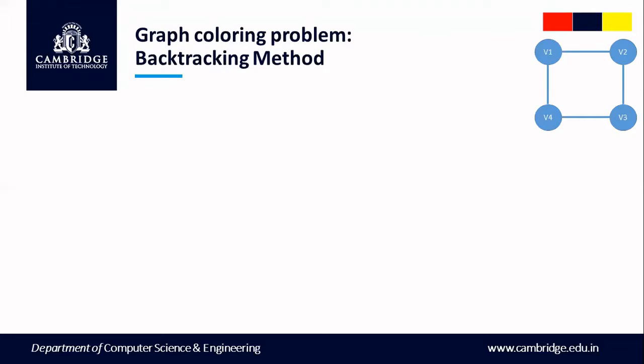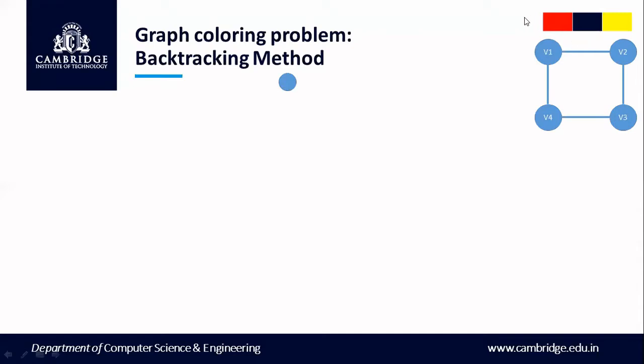In this backtracking method of solving the graph coloring problem, we always start with the root of the state space tree. This is the state indicating that we have not allocated any color to any of the vertices of the graph. In this example, you can see that we have 4 vertices and 3 colors.